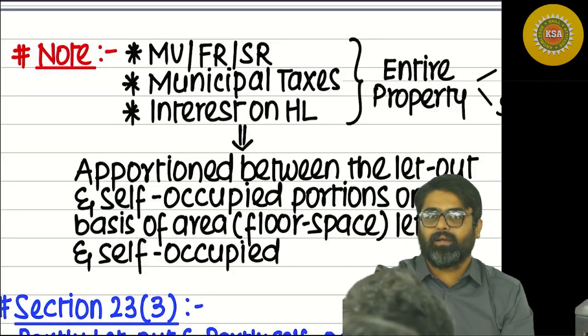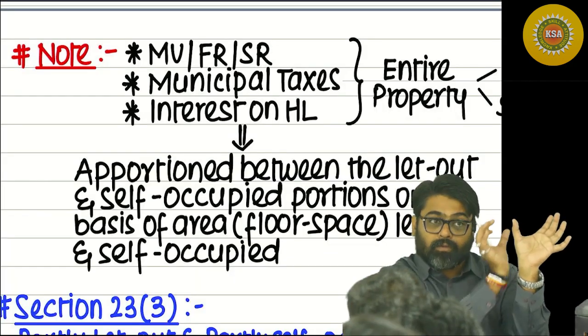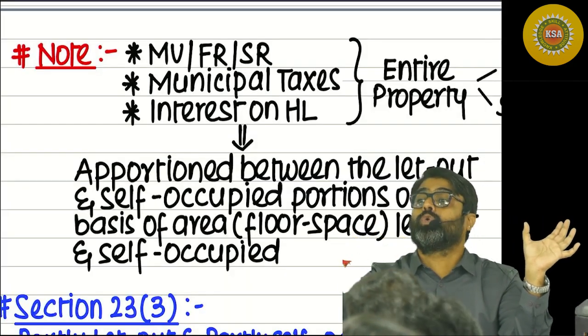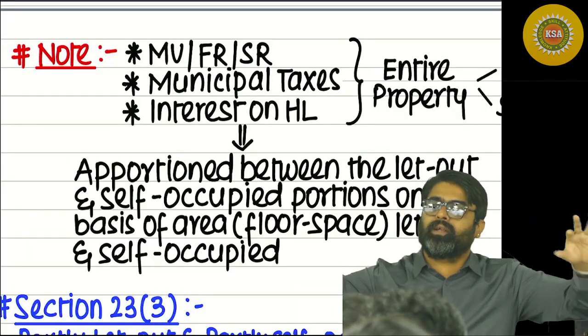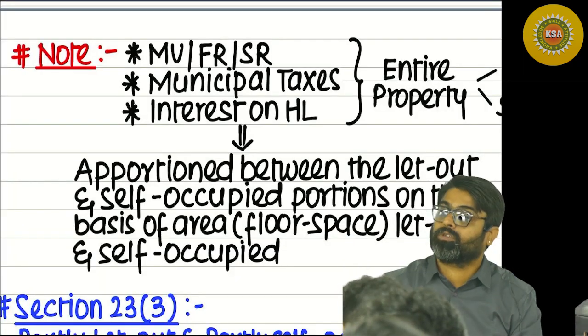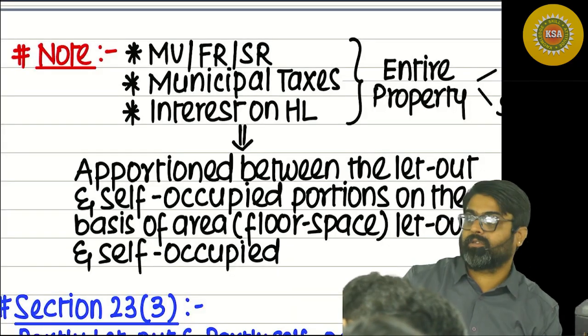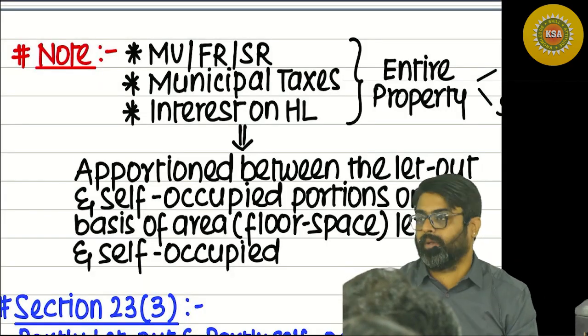So in that, based on area, 23(1) as well as 23(2), both are applicable, yes or no? Yes, both the parts are treated as separate properties. Sometimes for the SOP portion you get the exemption if it is the only SOP or it is the second SOP, yes or no?